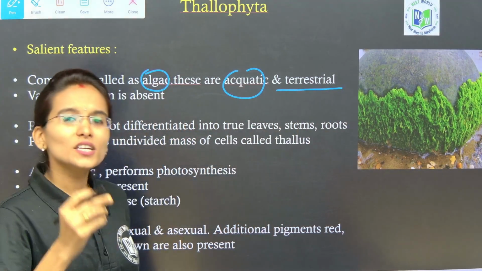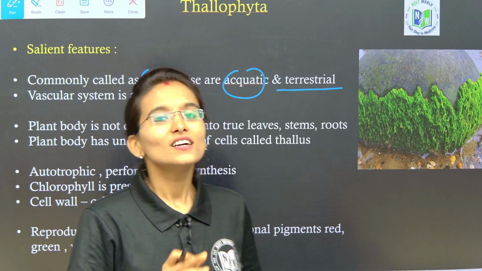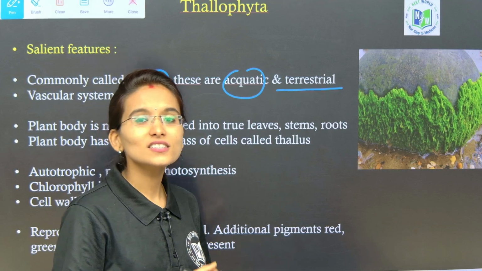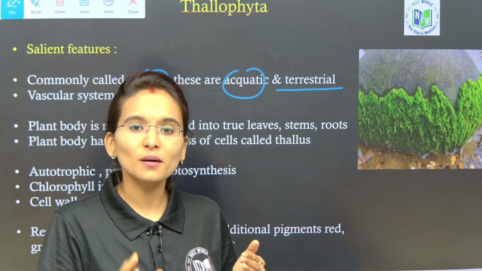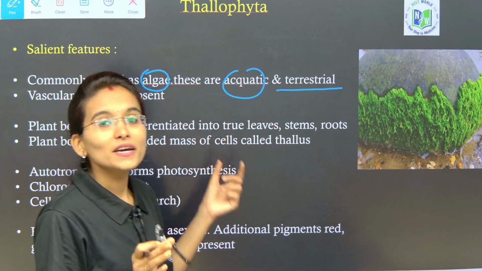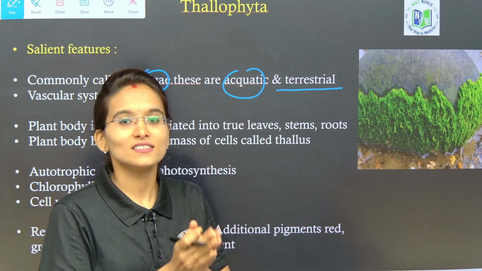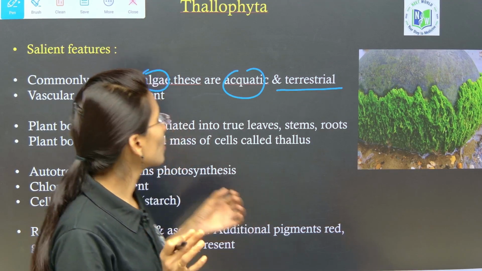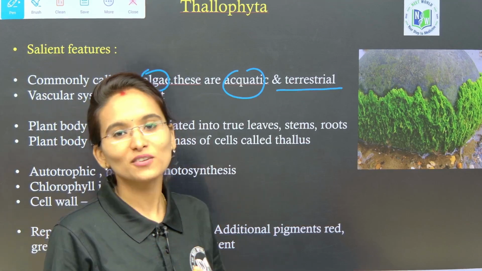So students, you need to study the general characteristic features mandatorily. You need to remember each and every general characteristic feature, and whenever you study a new kingdom or new subdivision, always compare the characteristic features with the previous kingdom, my dear students. This is one of the most important pieces of advice that I want to give to all of you. Just follow it properly, then only can you understand this particular chapter.